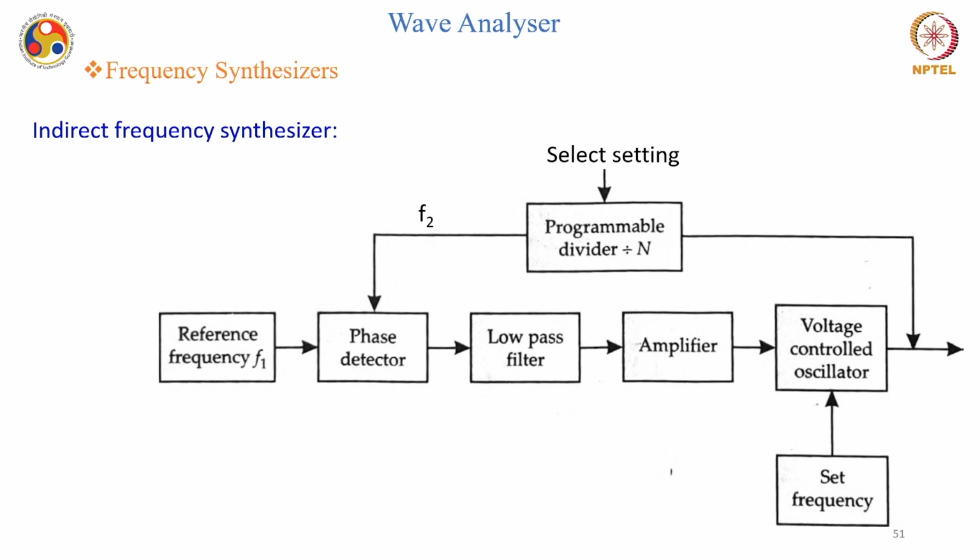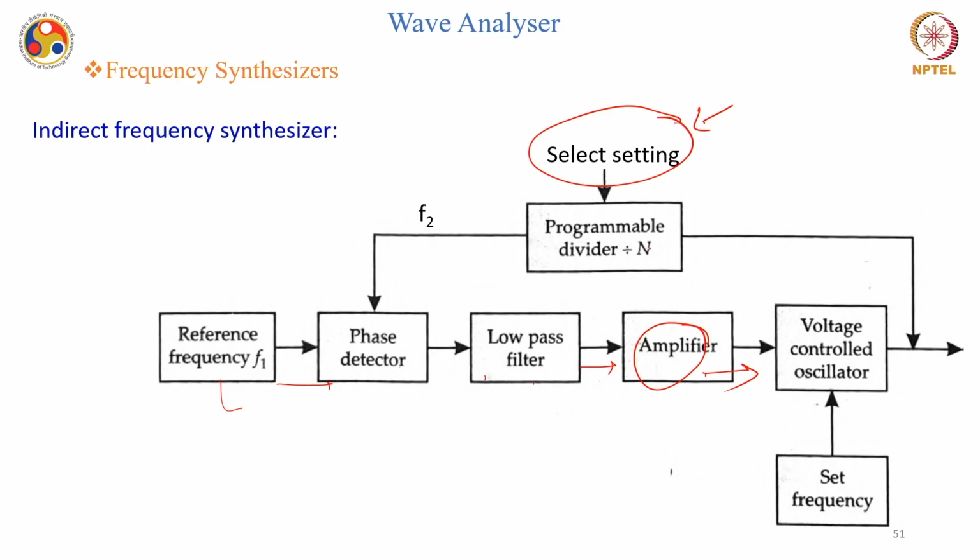One such design of an indirect frequency synthesizer is shown here. You can see that I have a reference frequency f1 which is fed to a phase detector. The output of the phase detector is fed into a low pass filter and then amplified using this amplifier. Then this signal is fed to a voltage controlled oscillator. I am also applying a set frequency and a programmable divider, which is user controlled.